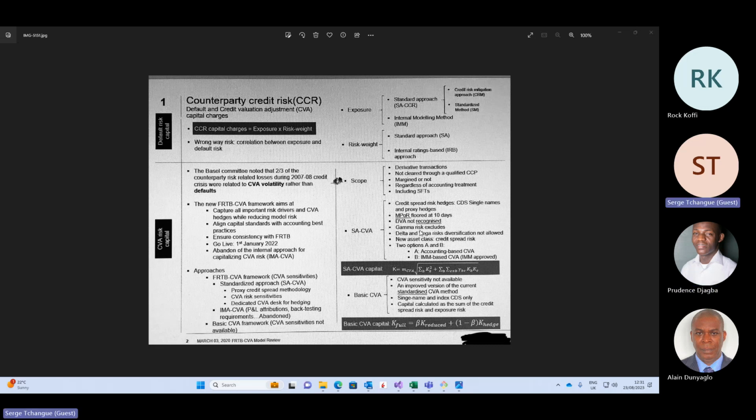So when you go into a transaction, you have a credit risk. If you want to cut your CVA risk to zero, every day you exchange whatever has increased. That is called collateral margin calls. That's how you mitigate your CVA. And when you do that, it doesn't mean your capital charge is zero.